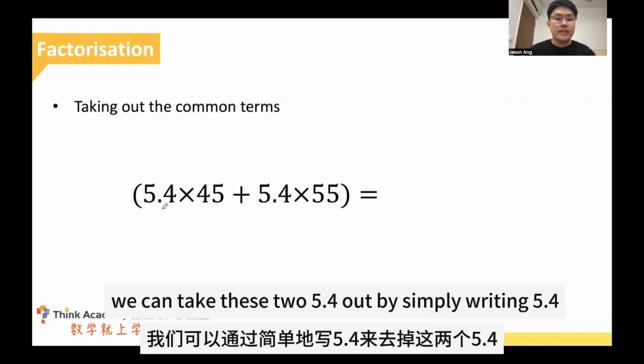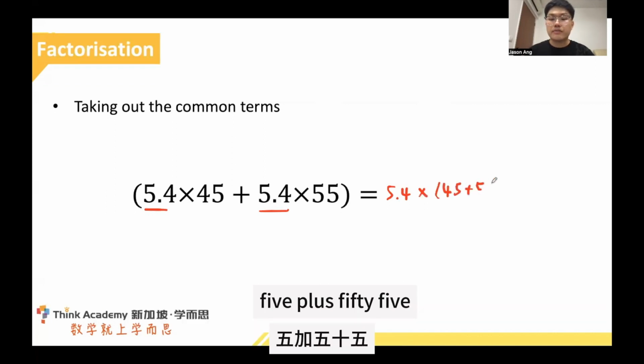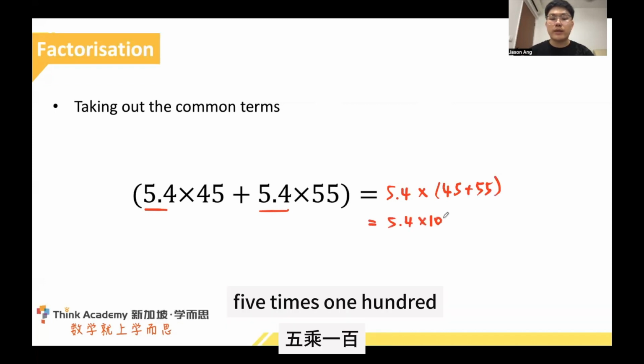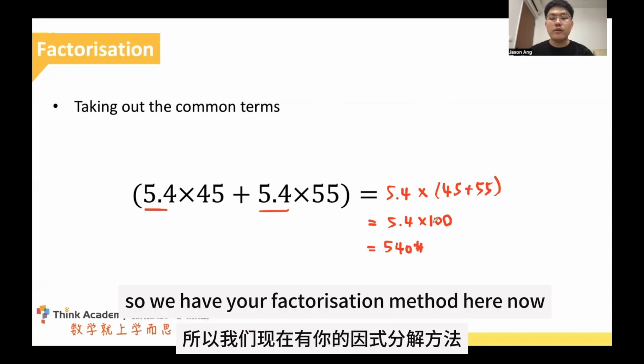We can take these two 5.4 out by simply writing 5.4 on the outside and leaving the rest of the numbers inside the brackets, 45 plus 55, and we're going to write it as 5.4 times 100. Look at that. Suddenly the calculation becomes much easier. So we have your factorization method here.